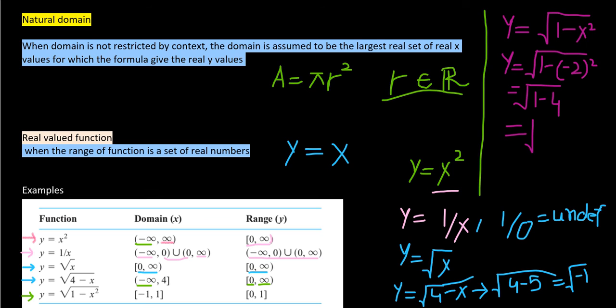You can see that is our minus 3, again a complex value, so it doesn't lie in our domain.